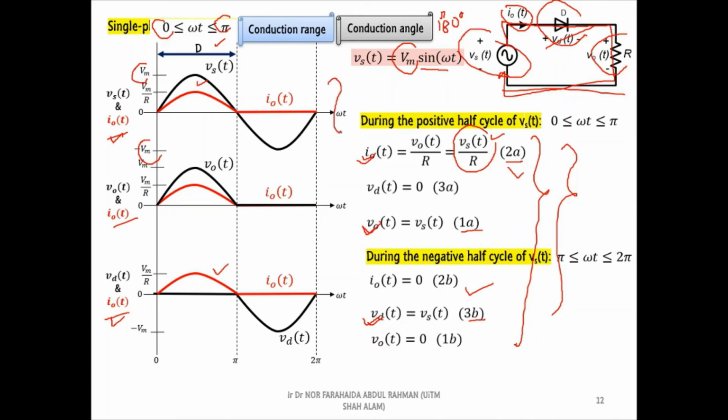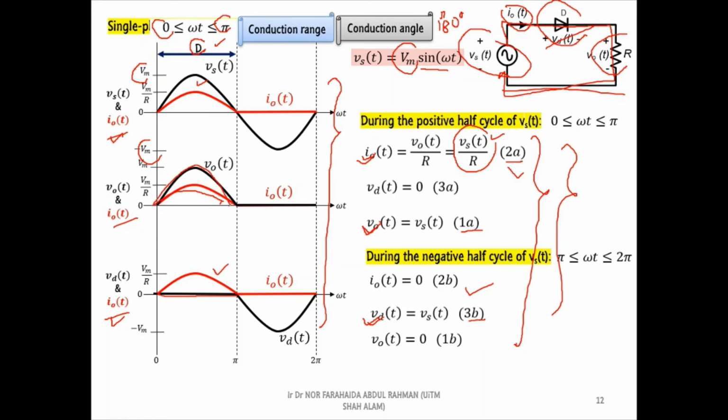Based on the complete waveforms, we can see that diode D can conduct current with zero voltage drop during the positive half cycle of the supply voltage. Furthermore, since current can flow to the load, we also have the output voltage waveform.